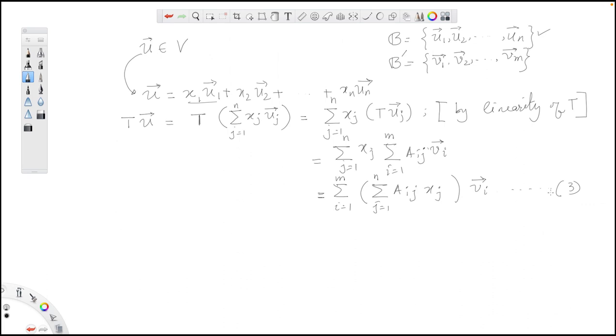Now remember that u was expressed uniquely as a linear combination of these n vectors.